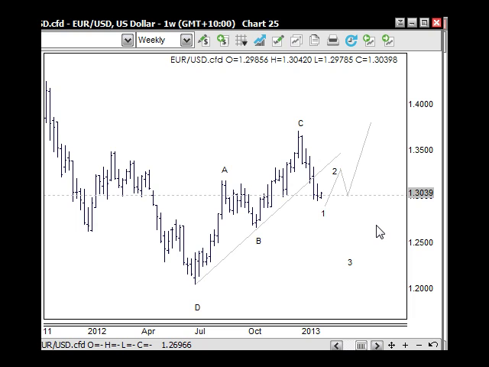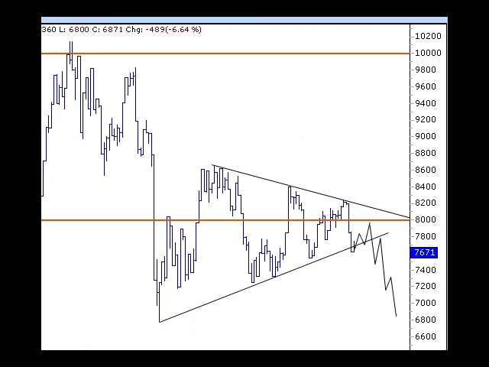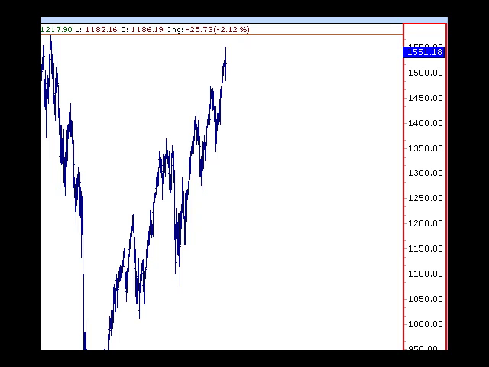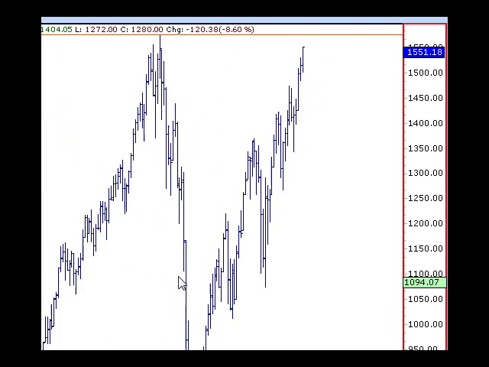So we'll be able to work that out when it arrives, but the predominant count is this situation here, and this does create good short positions, because at this stage the S&P 500 will be finding its high on its long-term wave count. So when we're looking at the S&P 500, I'll have to put it on a monthly chart so we can get a good view of it all.